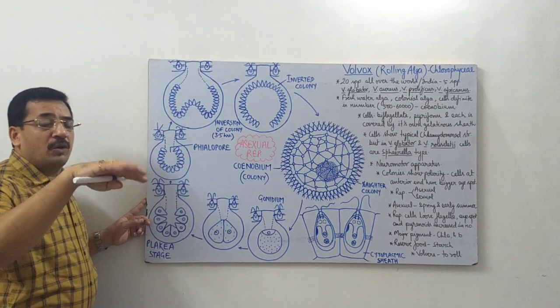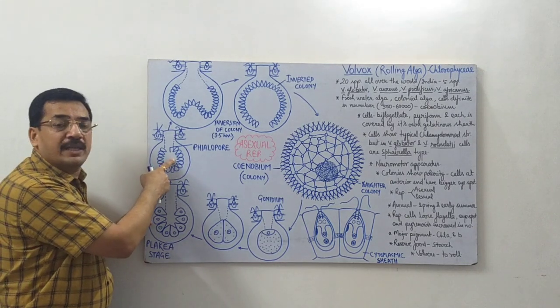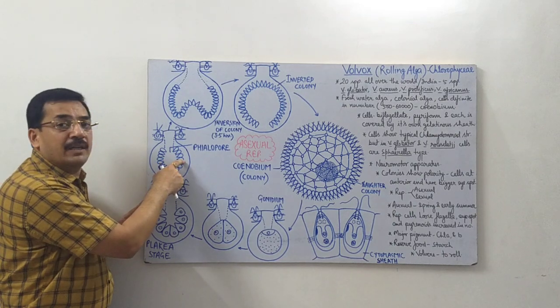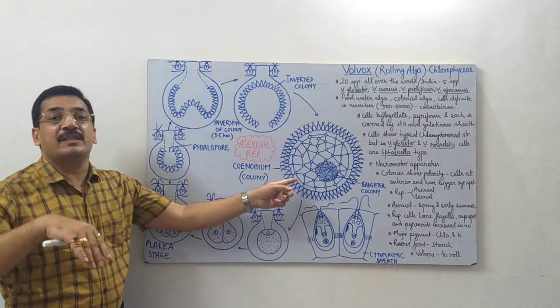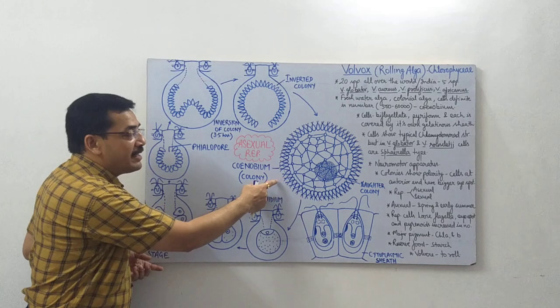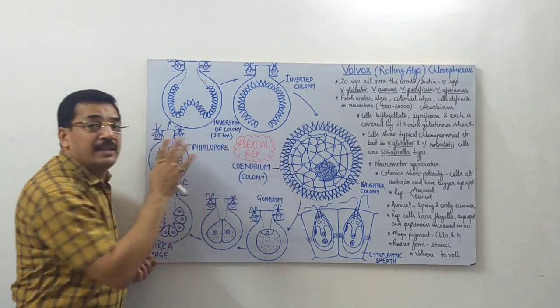You must see here that at this time the anterior ends of the cells are towards the center and the posterior ends are towards the periphery. But in a normal coenobium, the condition is opposite. Here anterior ends are towards the periphery and posterior ends are towards the center.